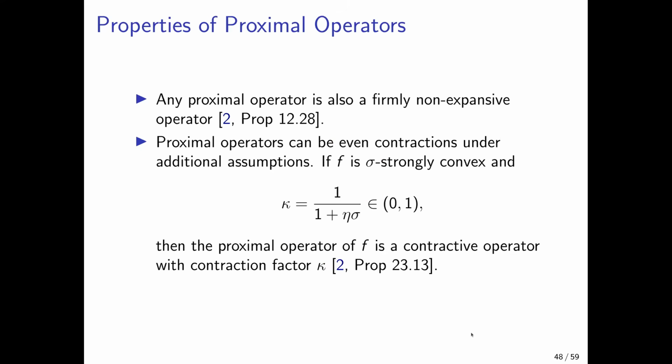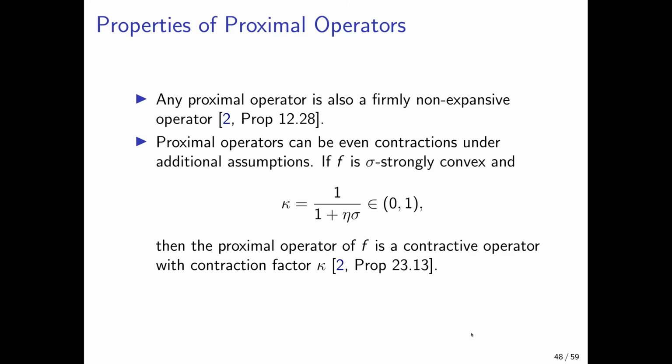As we have this fixed point characterization, it is interesting to classify proximal operators by their properties. We can say that any proximal operator is also a firmly non-expansive operator.